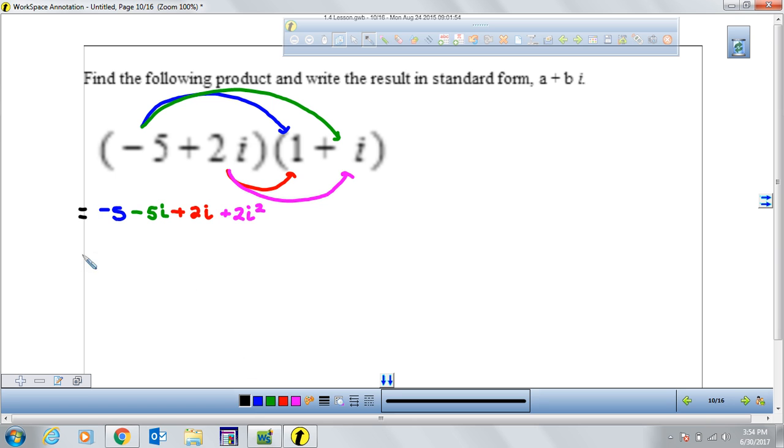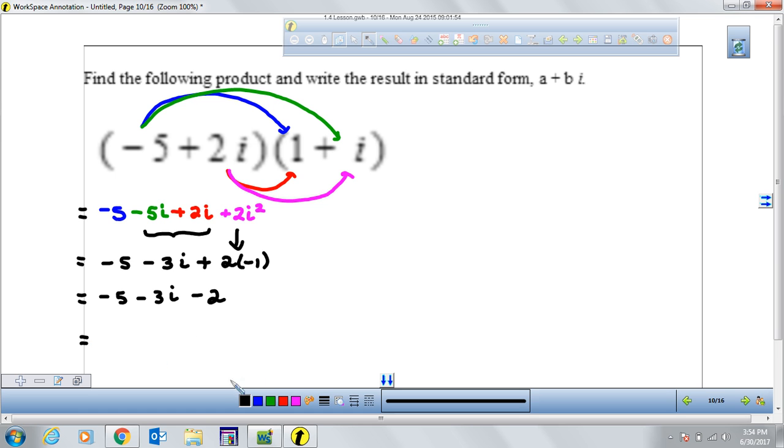Now, there are two things that we can do here. Number one, we can combine like terms. So negative 5i plus 2i is negative 3i. And there's one more thing that can be done for the i squared right here. The i squared can be replaced with a negative 1. So what is going to happen if I do that? Then that positive 2 is going to change to a negative 2. 2 times negative 1 gives me negative 2.